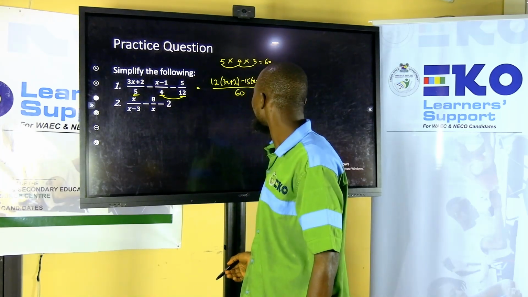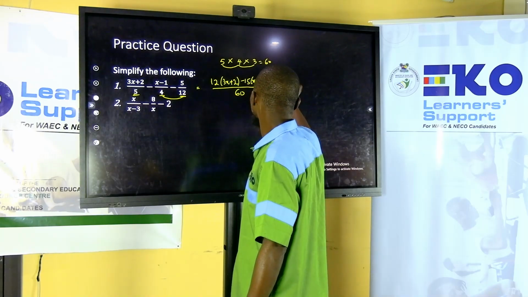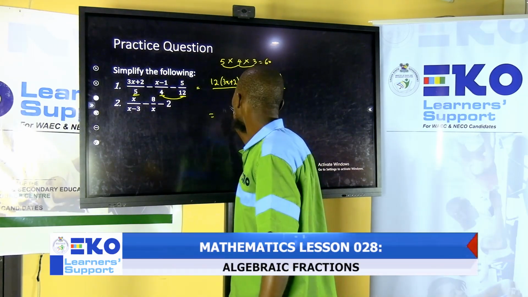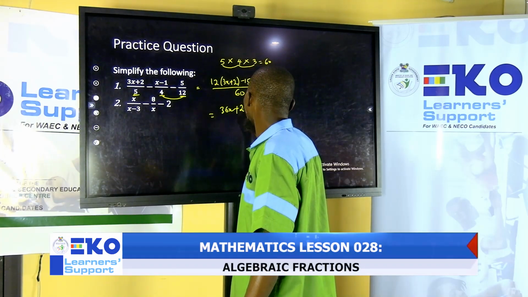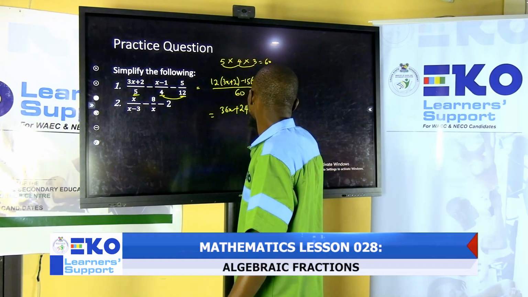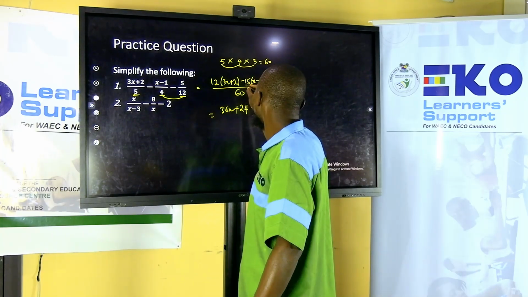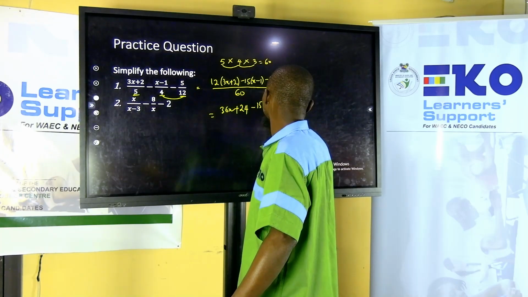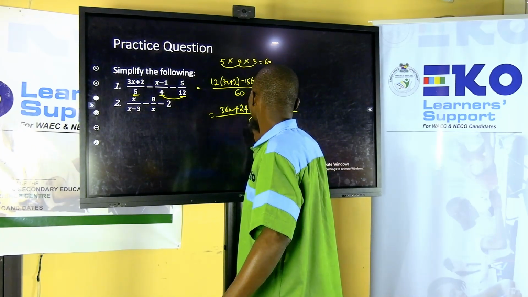And that is what? That is 5. So minus 5 times 5. And we have, let's expand. What do we have? We have 36x plus 24 minus 15x. Don't forget, this is negative number. So minus times minus plus 15 minus 25 over 60.